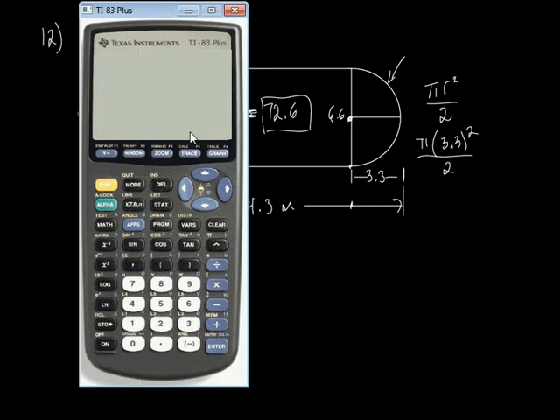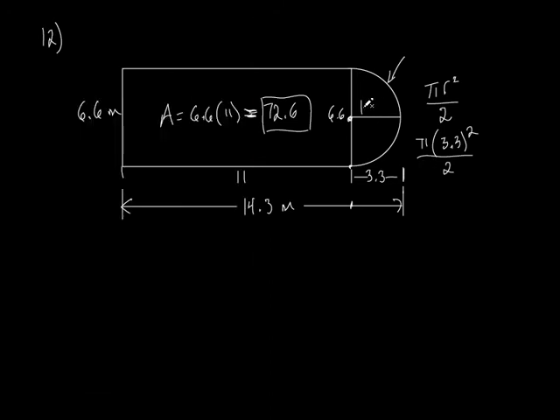So it's 3.3 squared. You could do pi first if you wanted to, doesn't make any difference. 3.3 squared, times pi, depending on your calculator. Oops, wrong button. Let's try that again. There we go. 3.3 squared times pi. That whole thing is divided by 2. There you go, 17.1. We'll round it. So the area of this semicircle is 17.1.